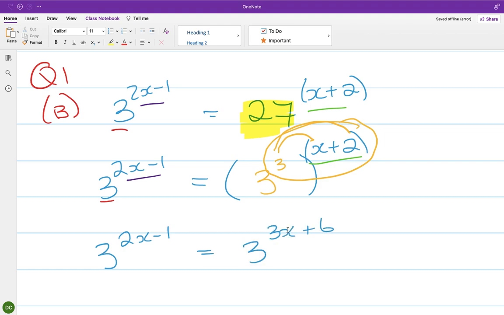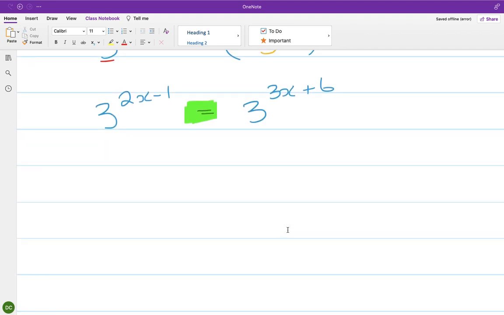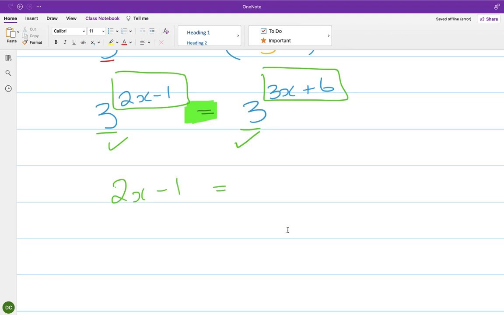Now, according to this, those two things are equal. We can already see that these bases are equal, so then these exponents must be equal. So we take 2x minus 1 and we let it equal 3x plus 6. We are going to isolate the x's, which means we have to gather them.